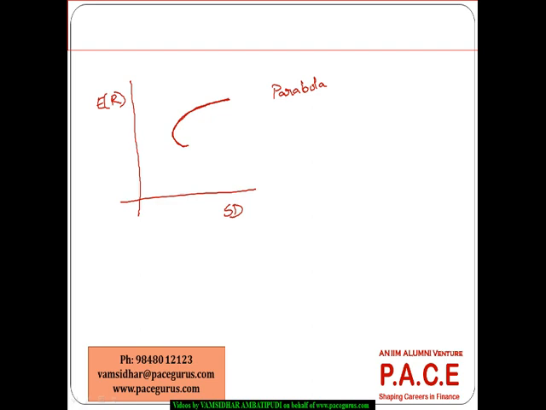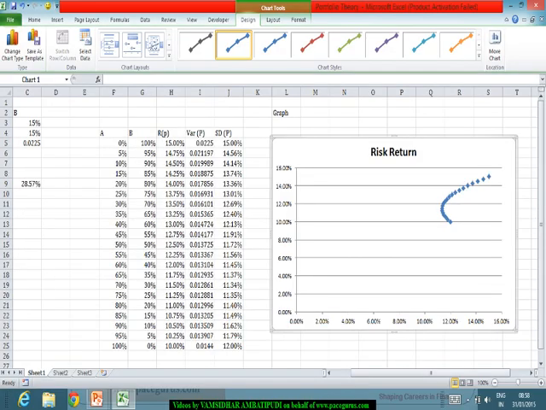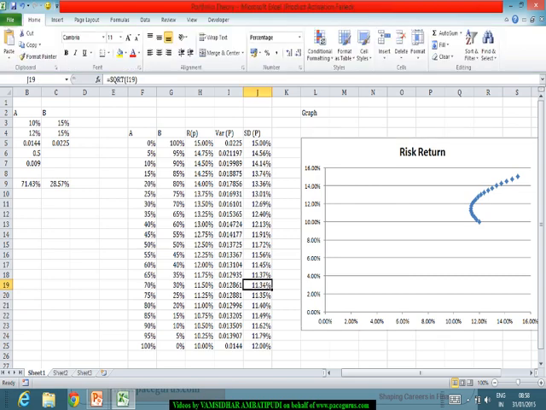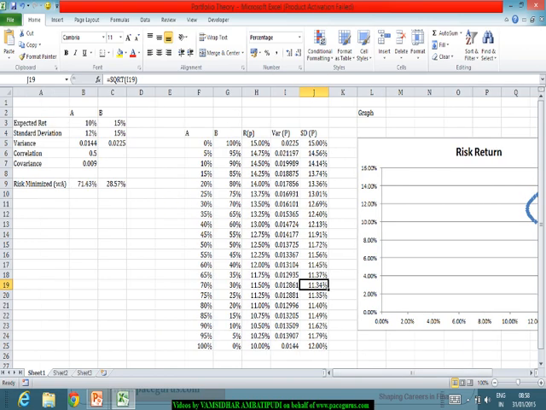This is more like a hyperbola as such. In some cases it will come out purely like a hyperbola, in some cases it may result in a parabola as well. Here the minimum is somewhere around 11.34 and that is occurring at somewhere around 70.